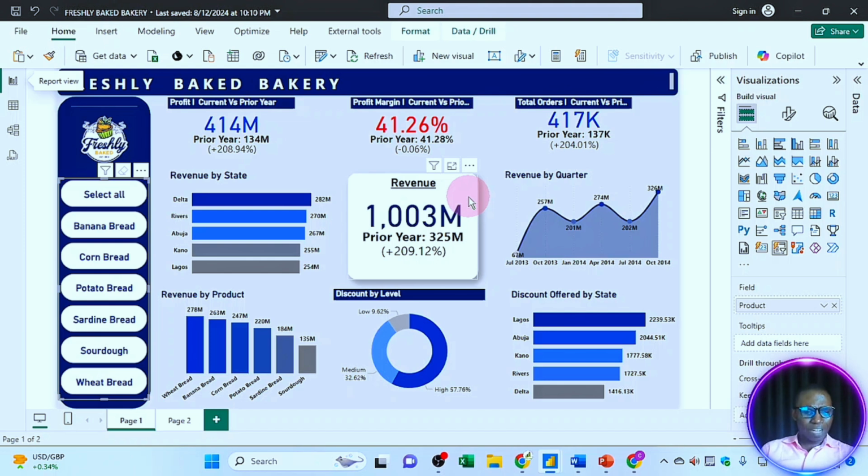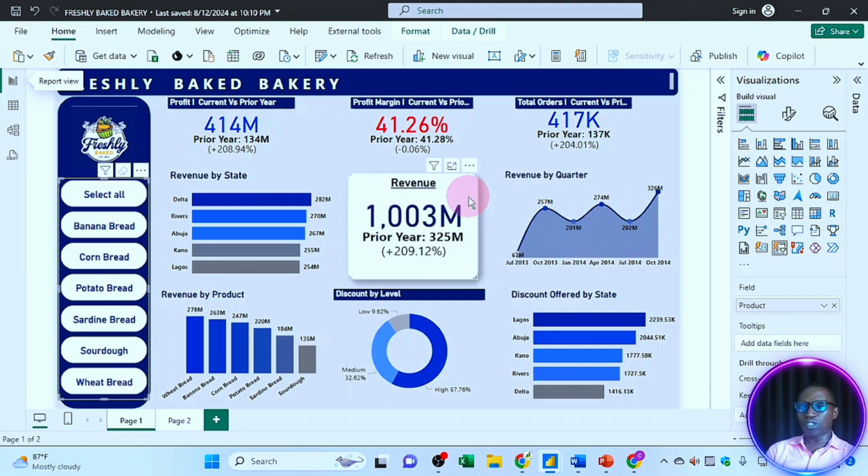So why is revenue so important that we are making it a major component of our key performance indicator? Revenue is the foundation for financial performance. Every other metric in the income statement is built on revenue because it is the top line item. Without the revenue, you don't have an income statement, because it is from your revenue that you deduct your cost of goods sold, then you have your gross profit.